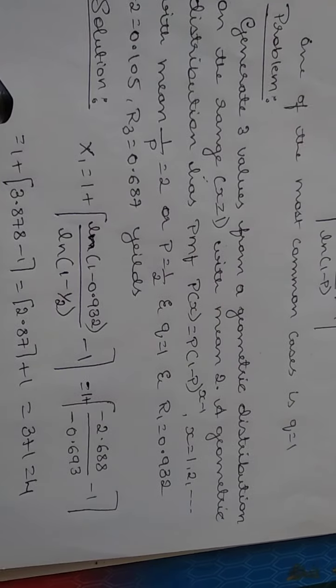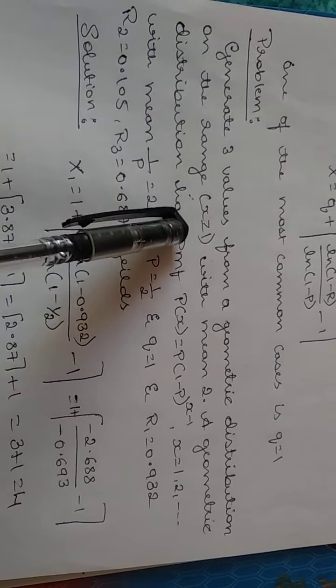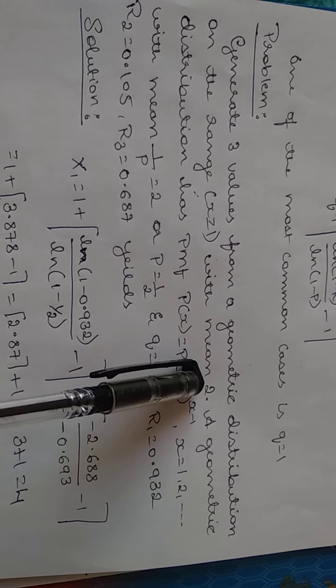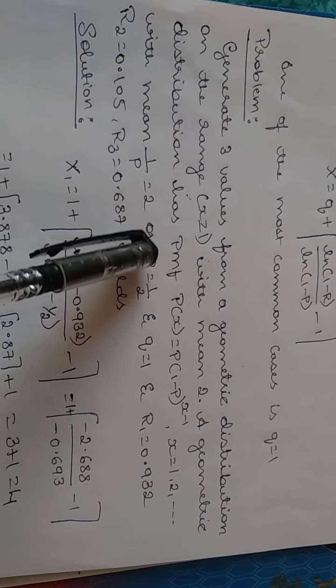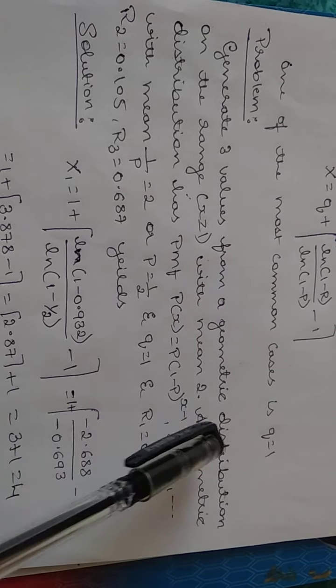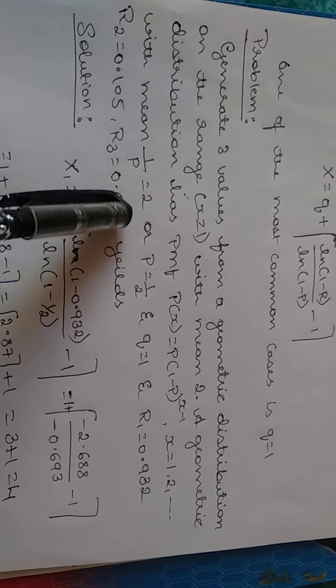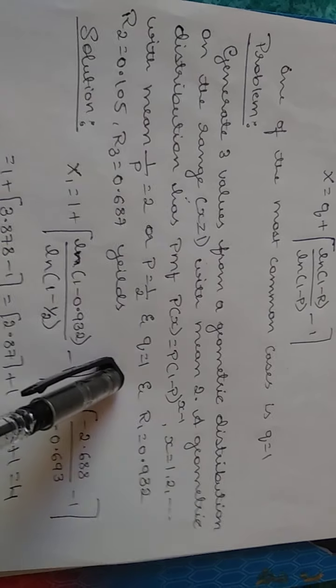So I'll come to the problem. Generate 3 values from a geometric distribution on the range x greater than or equal to 1 with mean 2. A geometric distribution has the probability mass function p of x is equal to p into (1 minus p) to the power x minus 1, with mean 1 by p equal to 2, or p is equal to 1 by 2, and q is equal to 1.